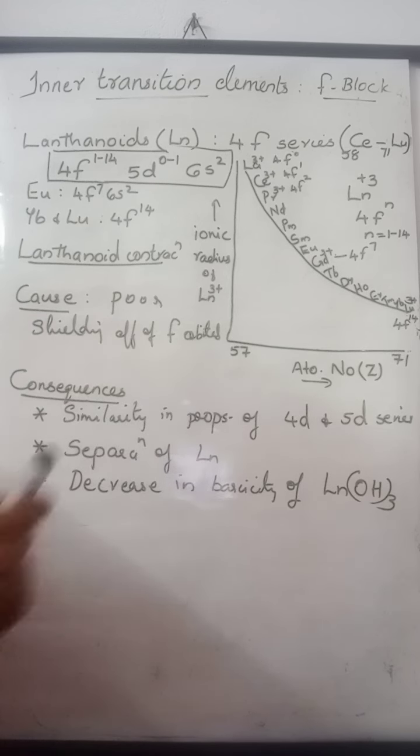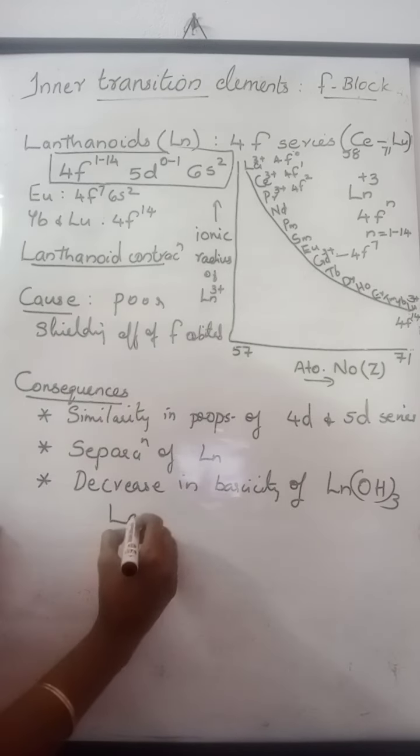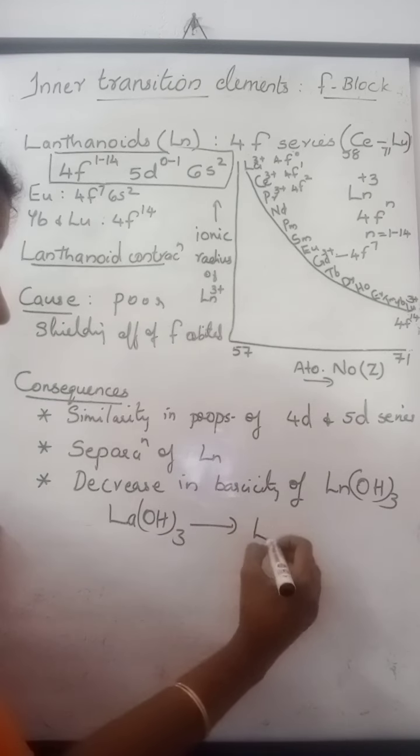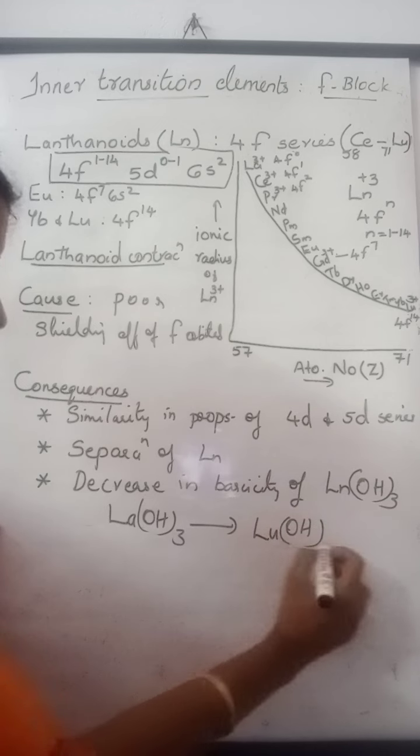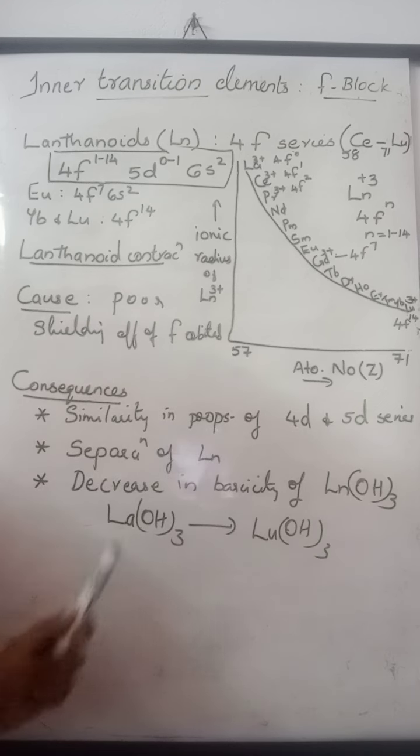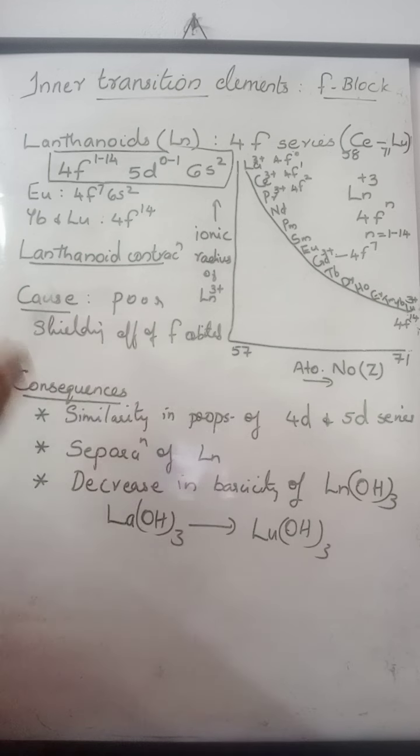When we compare the basicity from left to right, from lanthanum hydroxide to the last lanthanoid, lutetium hydroxide, the basicity decreases. Along the lanthanoid series, the basicity of the lanthanoid hydroxides decreases. This is due to lanthanoid contraction.